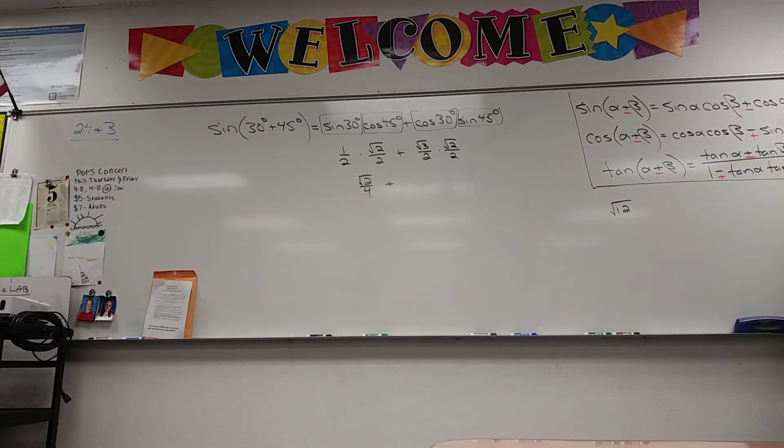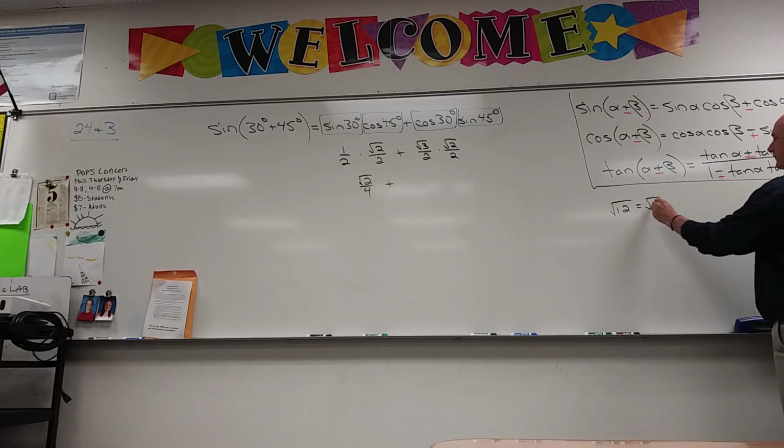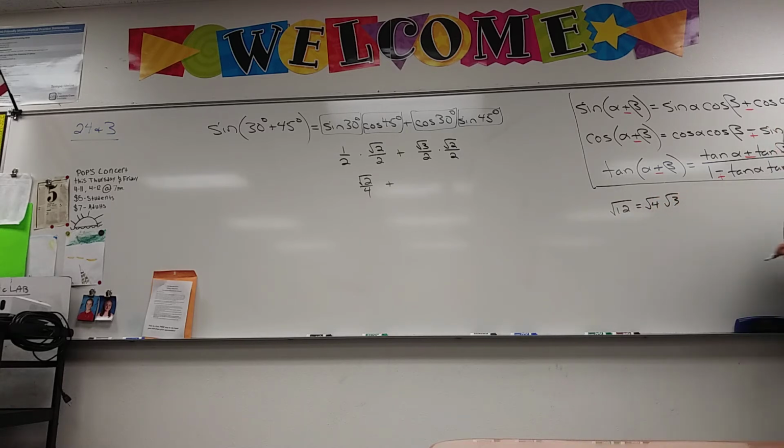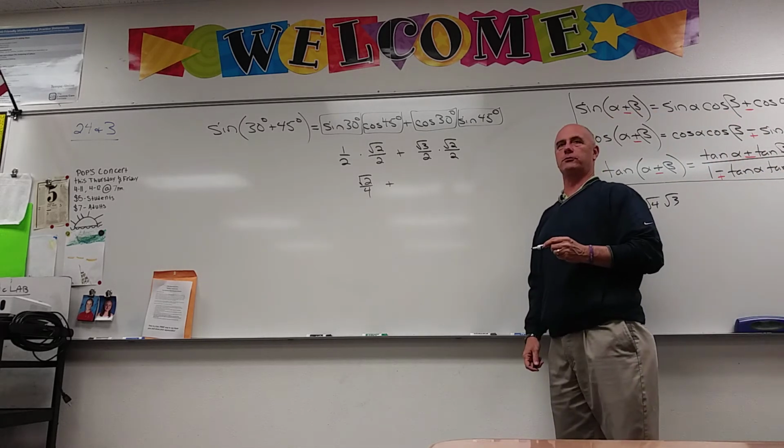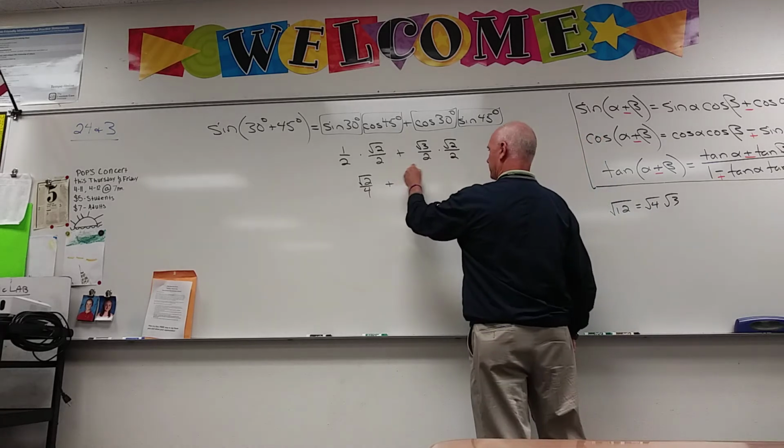How would we deal with the square root of 12? What would we do? We'd say square root of 4 times square root of 3. So the square root of 4 times the square root of 3 is 2 times the square root of 3, the square root of 12. Can we multiply radicals? Yes, we can. So therefore, what is the square root of 3 over 2 times the square root of 2 over 2? Square root of 6 over 4.